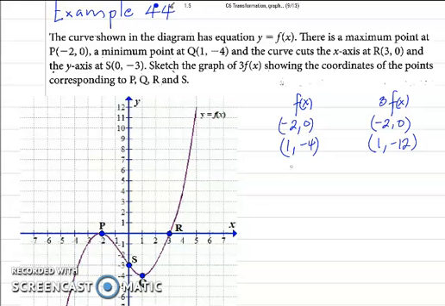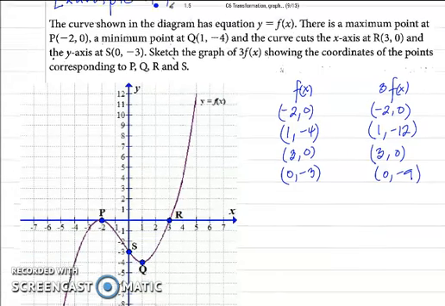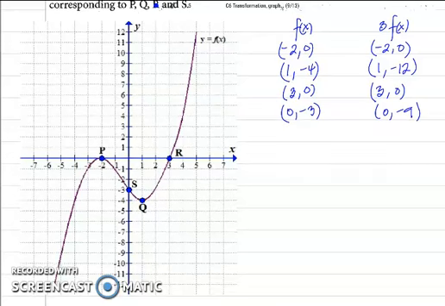Points like (3, 0) remain (3, 0). And points like (0, -3) become (0, -9). We multiply the y coordinate by 3. So let's see if we can plot these points.